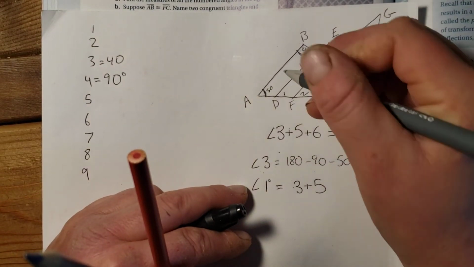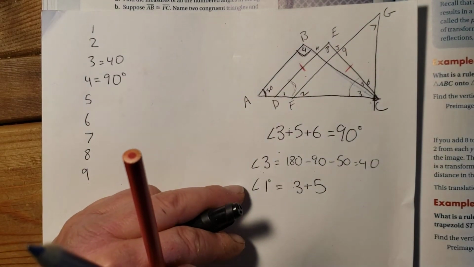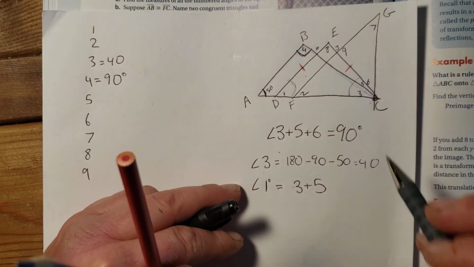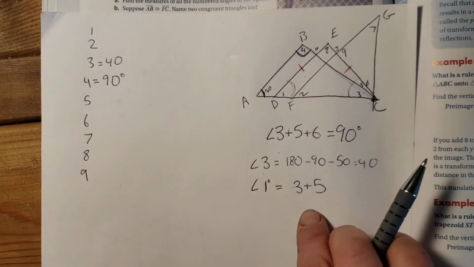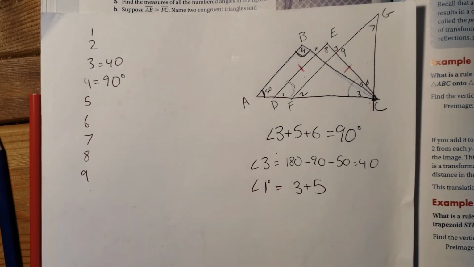This space right here is going to be the same as this space right here. My triangles aren't perfect, but you can kind of see that this triangle is going to be an isosceles triangle. We know that 3 is already 40 degrees. We don't know anything about 5, though.